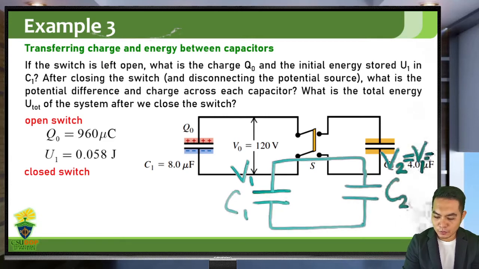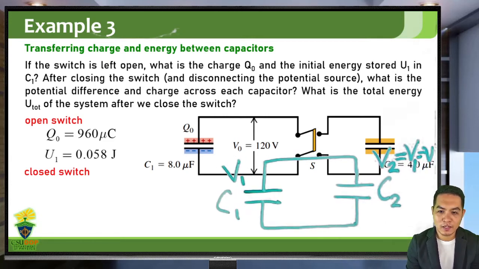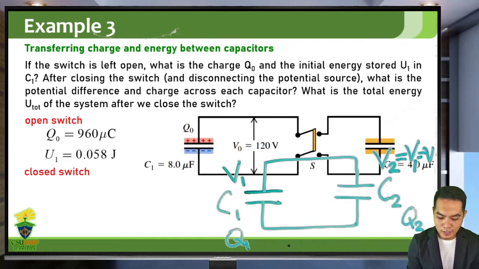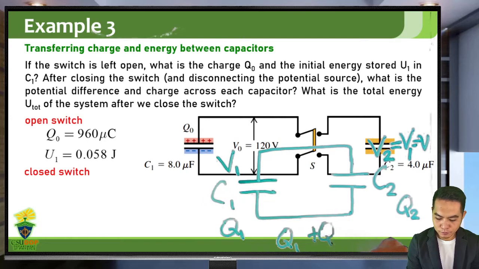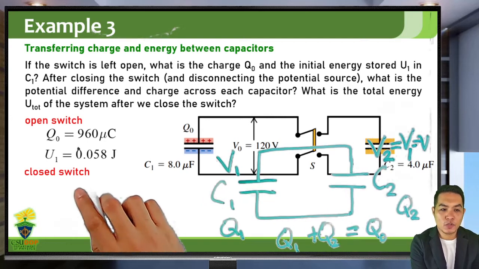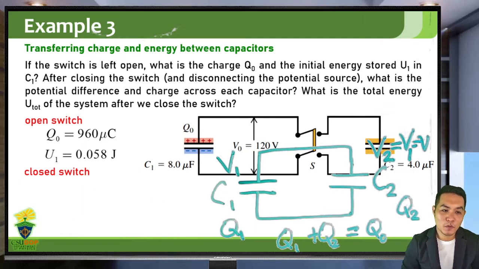Say they're equal to some value V. So the charge of C1 is Q1, the charge of C2 is Q2, and if you add the two charges, Q1 plus Q2, you will get the original charge, Q0, 960 microcoulombs.